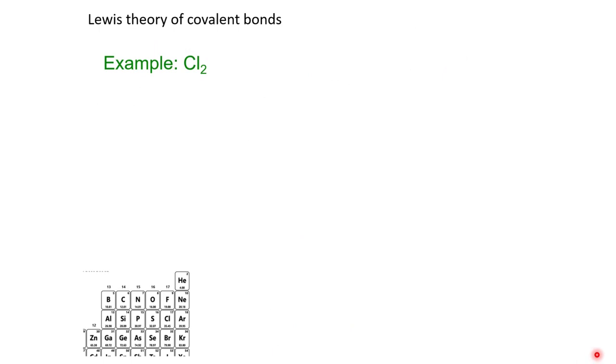So let's use the Lewis theory to examine covalent bonds. We'll use chlorine as an example. Here you see our two chlorines, and we know that they have 7 valence electrons. If we distribute these valence electrons evenly around both of our chlorine atoms, we see that we have 1 unpaired electron.